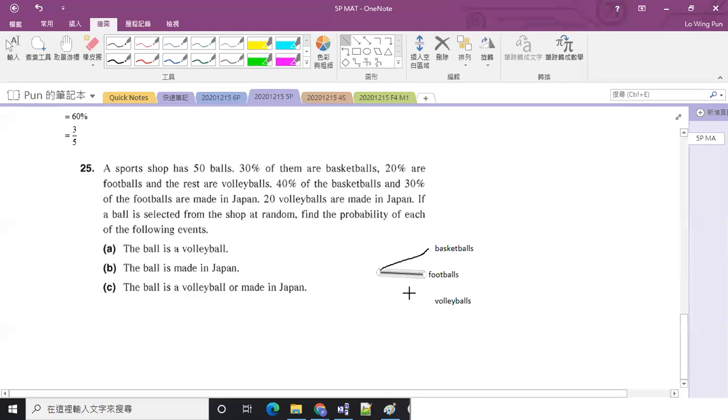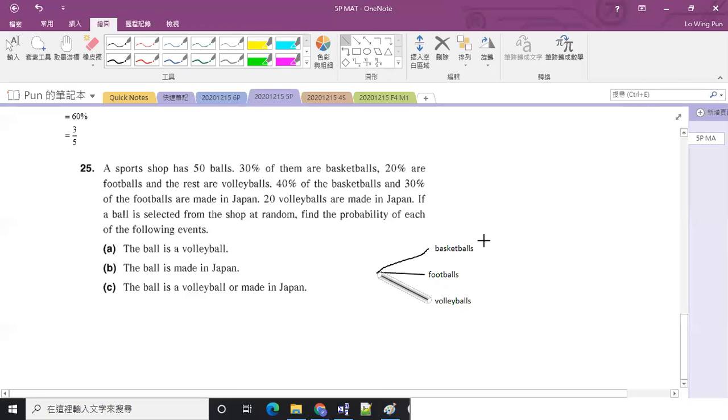Okay, like this. And for each type of balls, there are two further categorization, whether it is made in Japan or not. Okay, so it is like this.